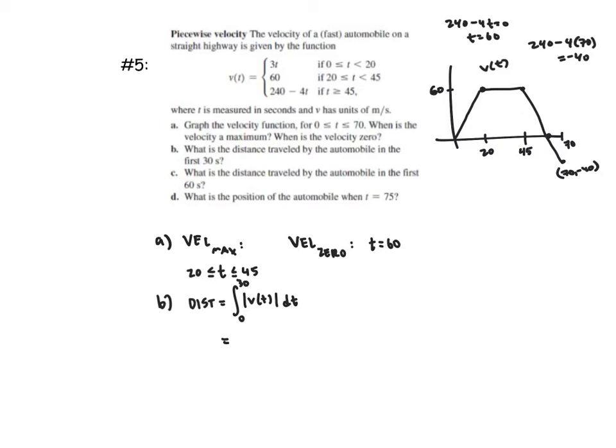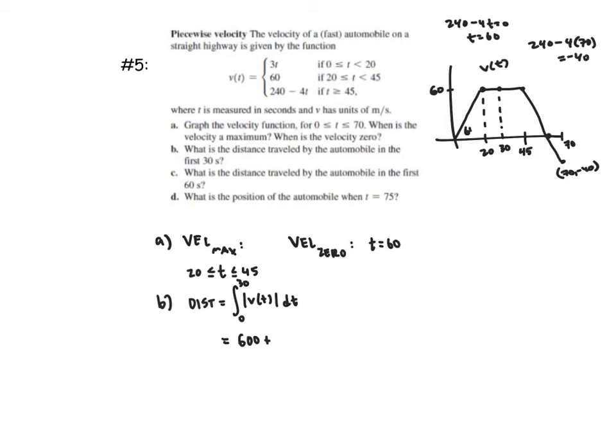We can look at this geometrically. I'm just going to find the area under the curve. So the area under the curve from 0 to 20 is going to be 1/2 of 20 times 60, which will be 600, plus the area of this rectangle right here.